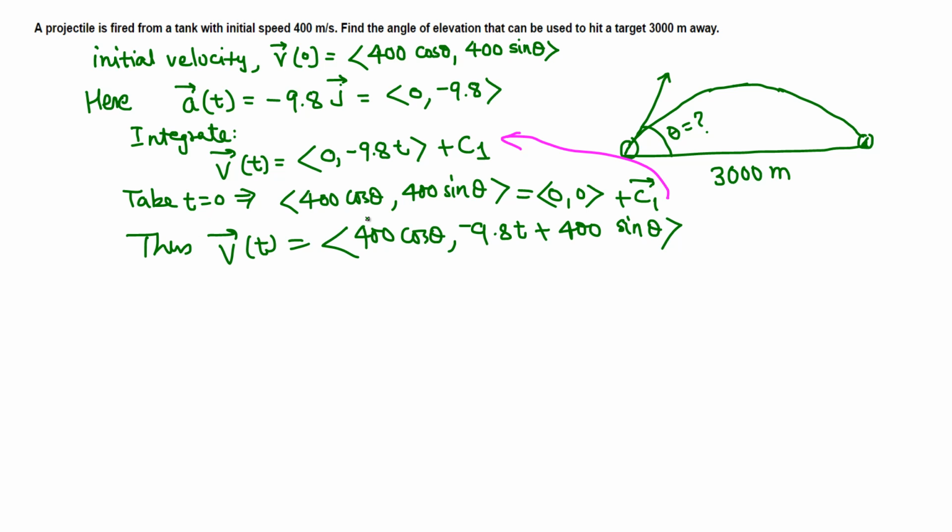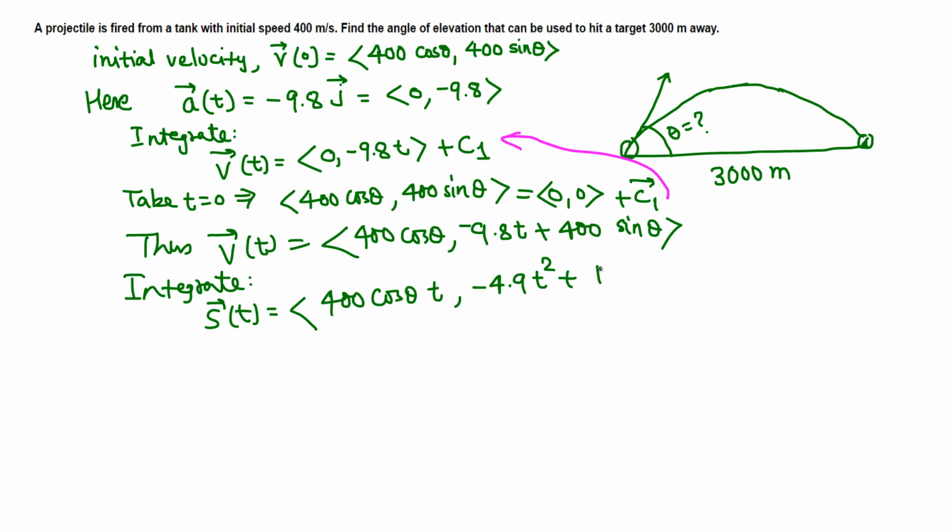Now we integrate again to find position. Position is, this is just a constant, so the antiderivative is 400 cosine theta t, comma, for 9.8 t the antiderivative is t squared over 2, so 4.9 t squared, and this is just a constant, so 400 sine theta times t, plus constant of integration.